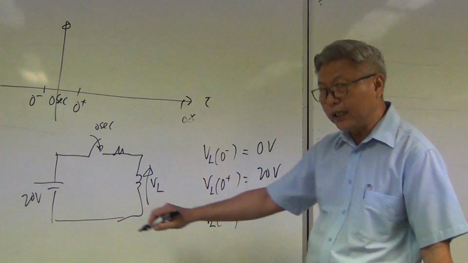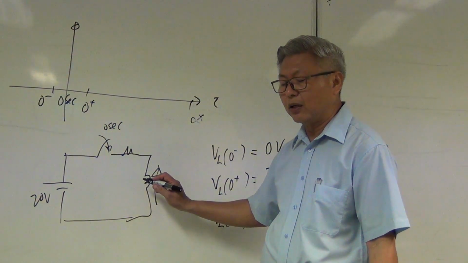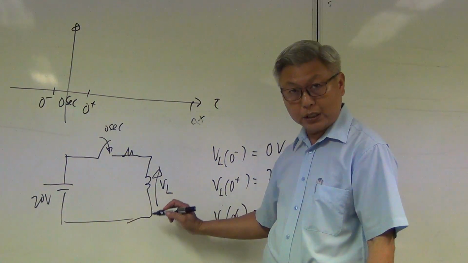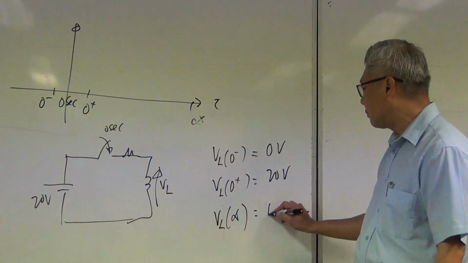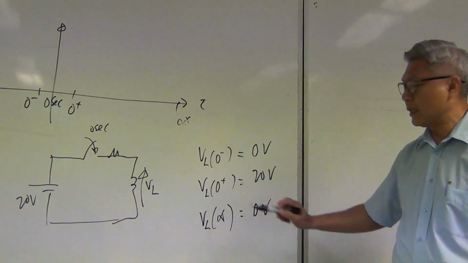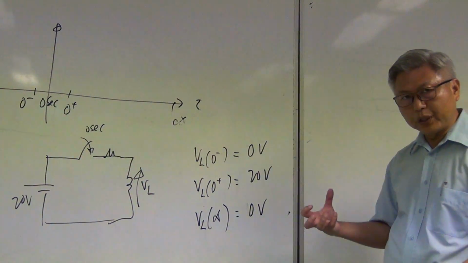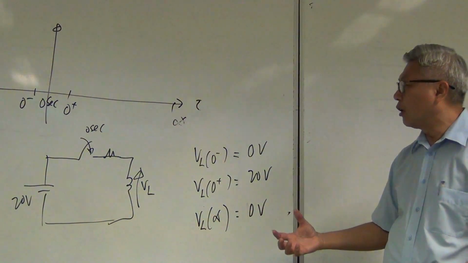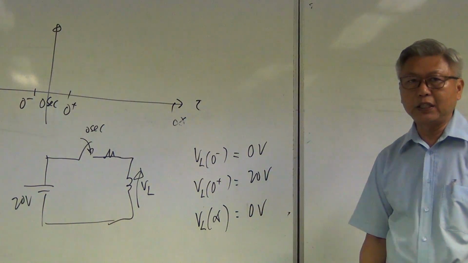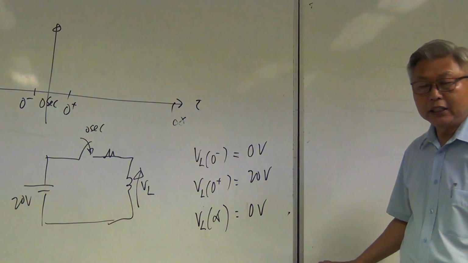And finally, it cannot sustain that forever, the 20 volt will be reduced to 0 volt. So finally this becomes 0 volt again. That's the meaning of 0 minus, 0 plus, and infinity. So you must know the story or the characteristic of the circuit in order to understand the meaning of 0 minus, 0 plus, and infinity.